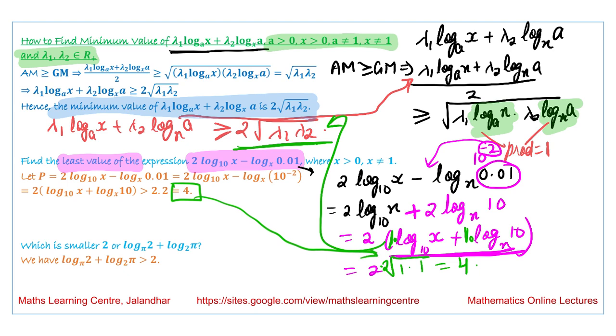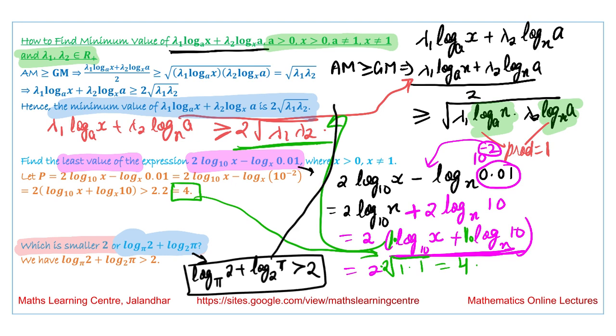In this next question we have: which is smaller, 2 or log pi 2 plus log pi to the base 2? If we try to calculate the minimum value of this expression, clearly log 2 to the base pi plus log pi to the base 2 will be greater than 2.